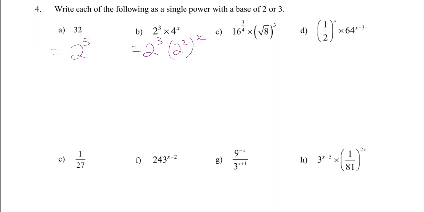So we're replacing numbers with powers of 2 or 3, and the reason now is we can do power to a power. 2 squared to the x, power to a power is 2 to the 2x. Okay, and now we simplify by multiplying powers with the same base. So this becomes 2 to the 2x plus 3.